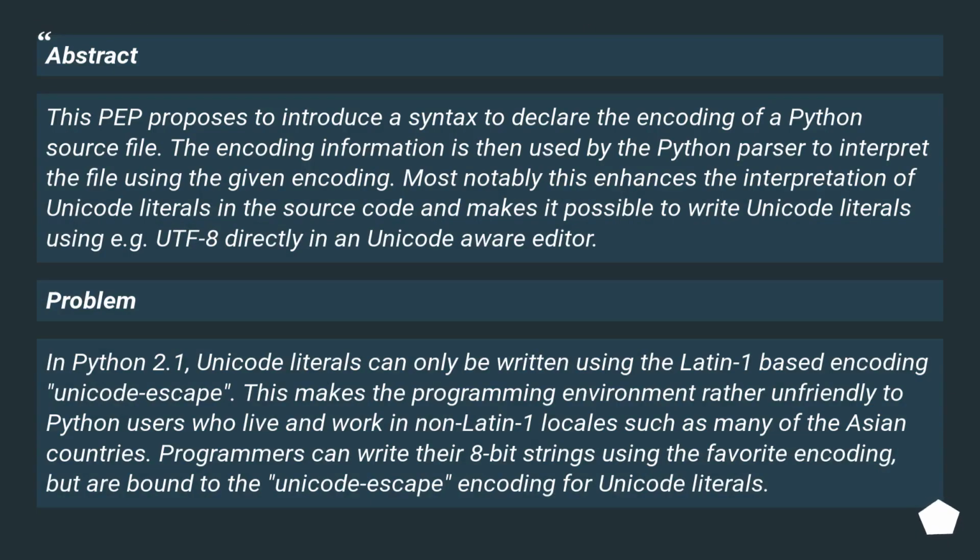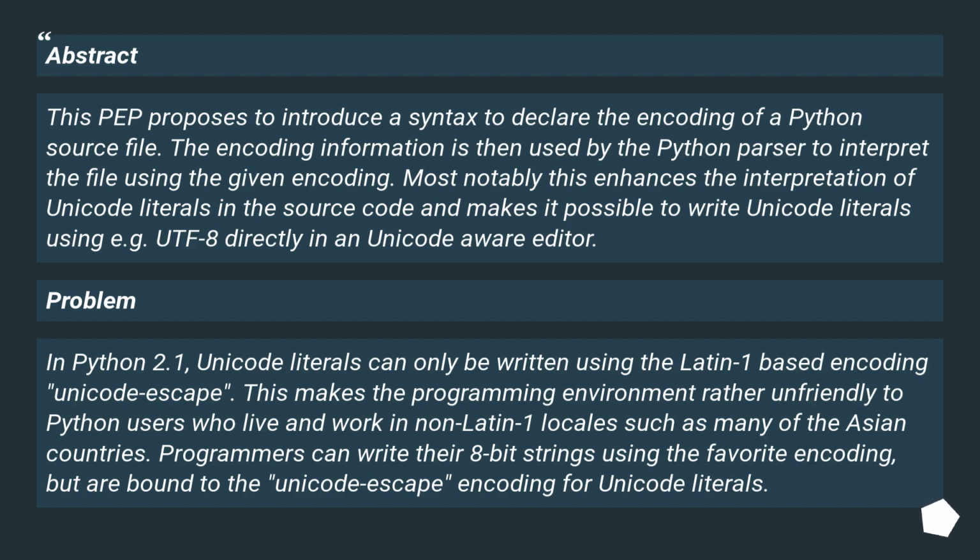Abstract: This PEP proposes to introduce a syntax to declare the encoding of a Python source file. The encoding information is then used by the Python parser to interpret the file using the given encoding. Most notably, this enhances the interpretation of Unicode literals in the source code and makes it possible to write Unicode literals using, for example, UTF-8 directly in a Unicode-aware editor.